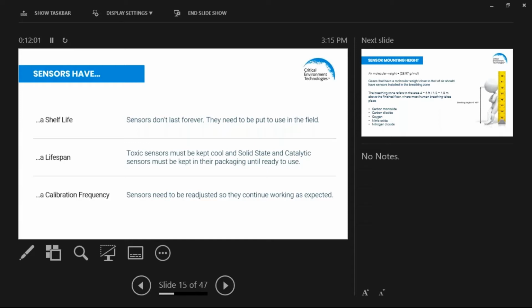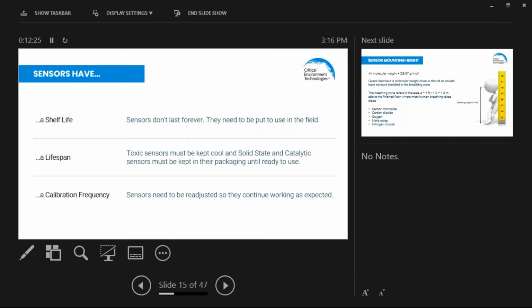They're no longer useful. Likewise, when they're put into use, they all have a lifespan, including the sensors that work on the premise of ultraviolet light or infrared light. Eventually, the miniaturized LED or the lamp that is used to generate the ultraviolet light wears out.